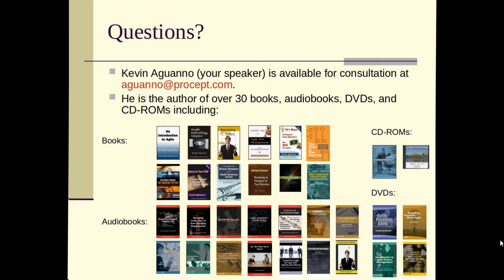If you are a KIPS IT professional, you can claim recertification units for this. If you are a Scrum Alliance Scrum Master, you can claim Scrum Education Units, SEUs, for attending this session. So this course is eligible for many different recertification credits. If you have any questions, just send me an email.